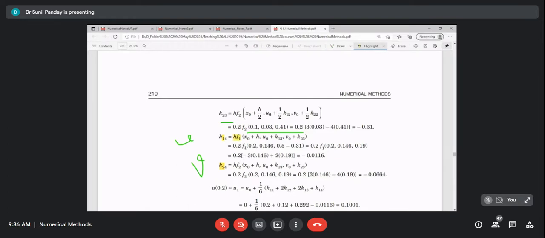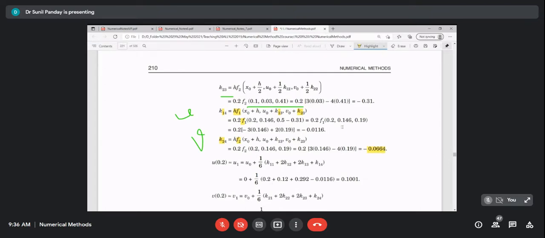Here you have f1, and you can see 1 3 and 2 3. It means we are using this. So the formula is the same, but you have to take care of that. Here we have two variables u and v. So accordingly it is updated, and then you substitute all these values, and you will get k14 and k24 also.